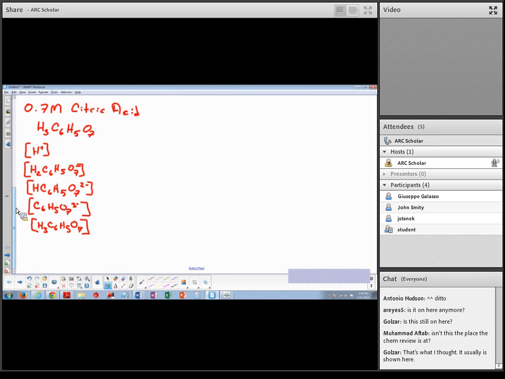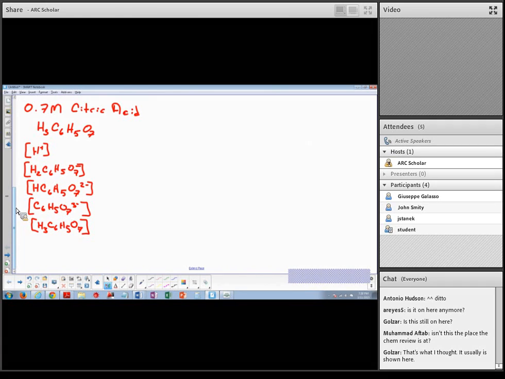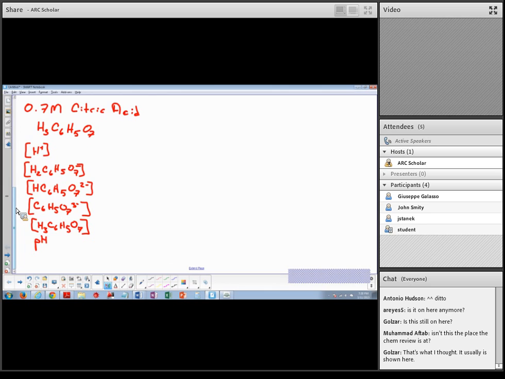All right, so we want to find out what these concentrations are and what the pH is.